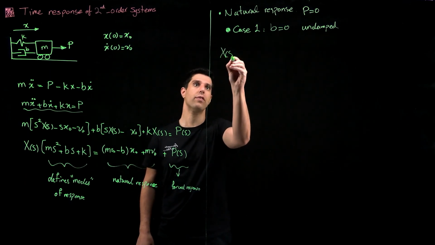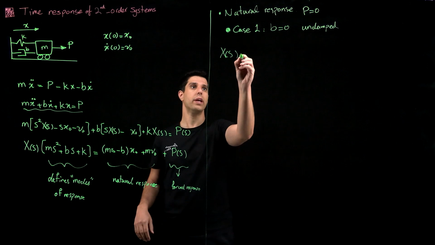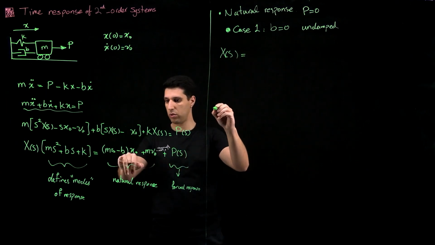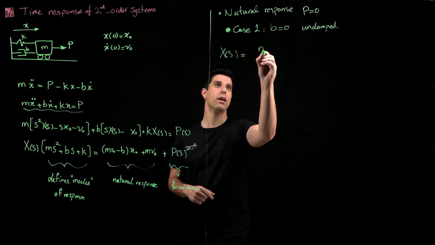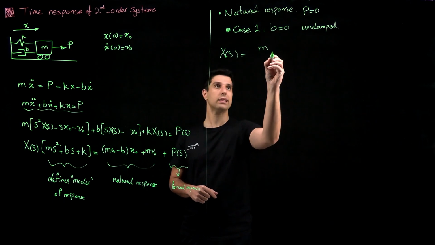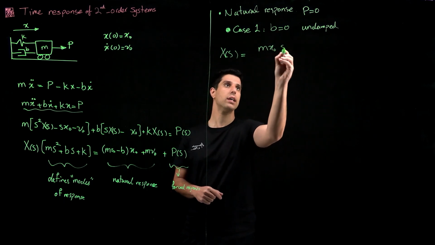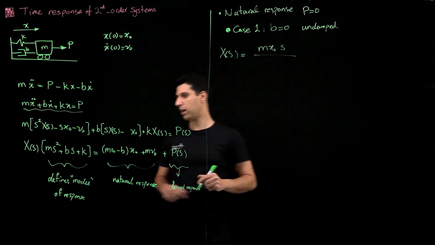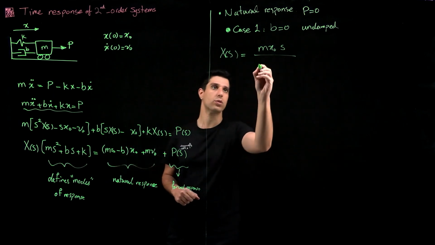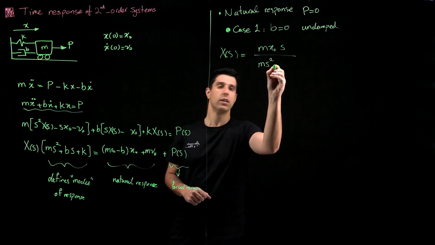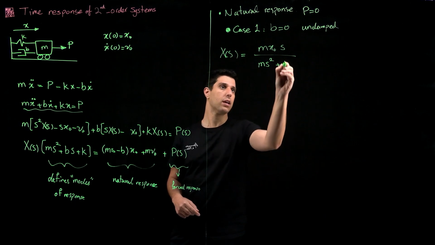So I have X of s. I'm going to rearrange things. This one is 0, that one is 0. I have m x naught s divided by this one, m s squared plus k, since b is 0.